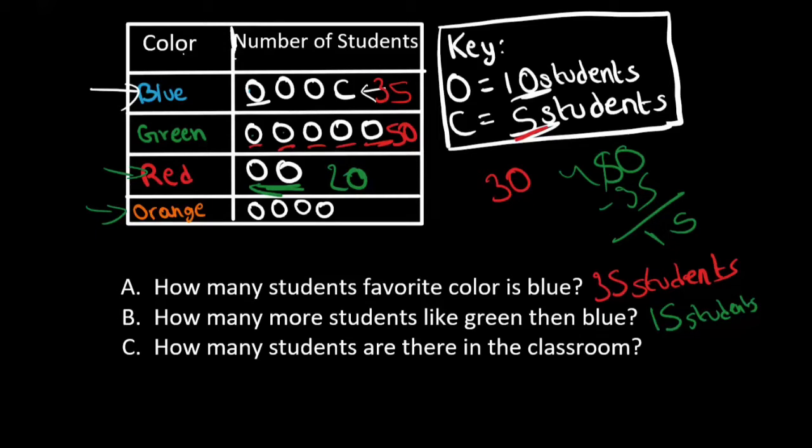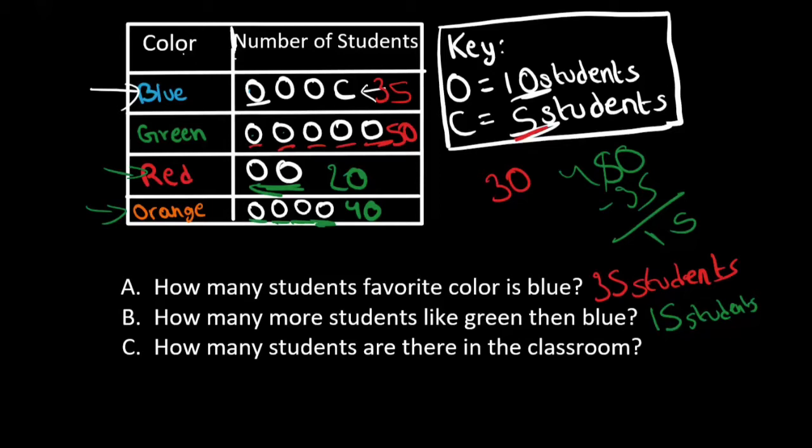So 20 people like the color red. Now let's find the number of students who like orange. There are 4 complete circles, so we multiply 4 by 10, which is 40. That means 40 students like the color orange.